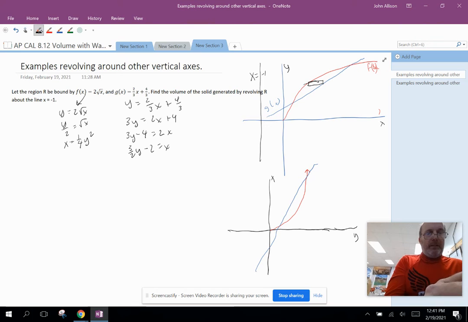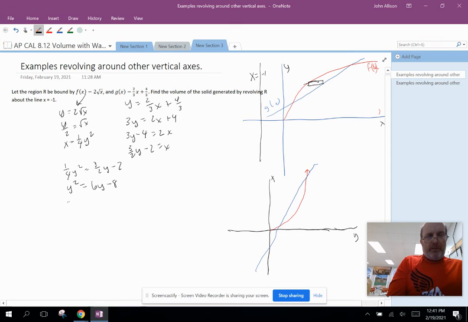Let's go ahead and set these two equal to each other to get y. And so I got 1/4 y squared equals 3/2 y minus 2. If I multiply both sides by 4, I'll get y squared equals 12 over 2y, which is 6y, and then minus 8.